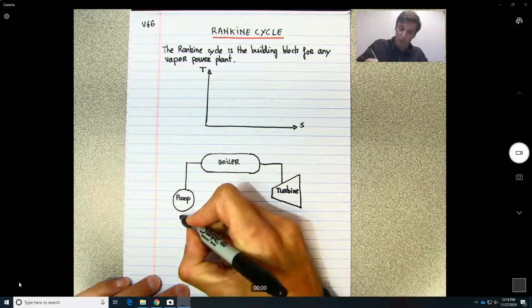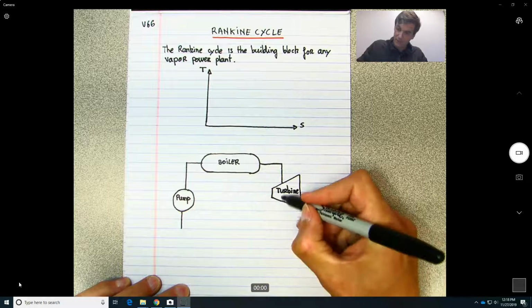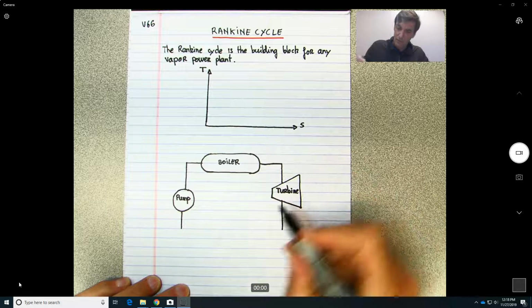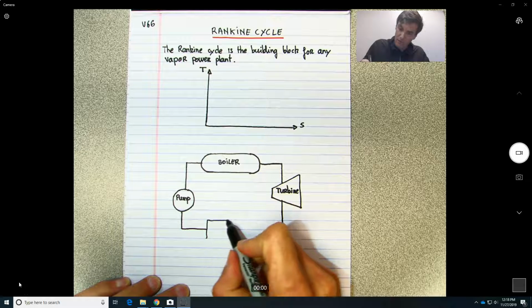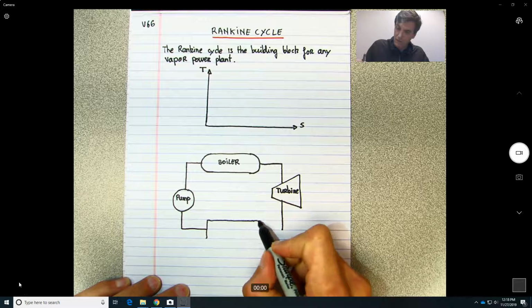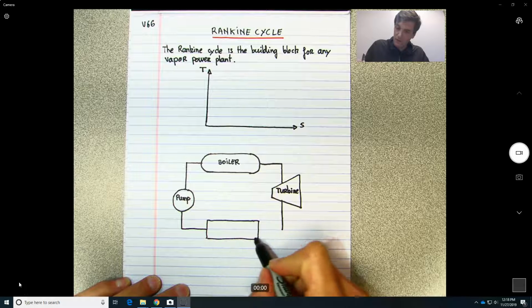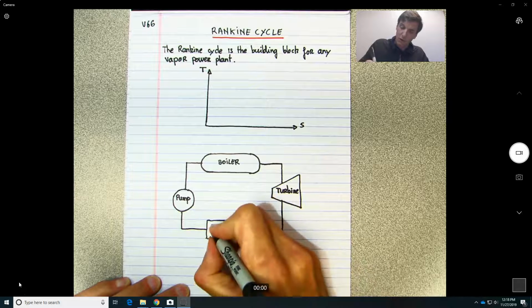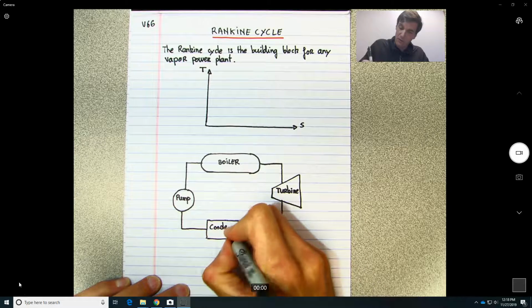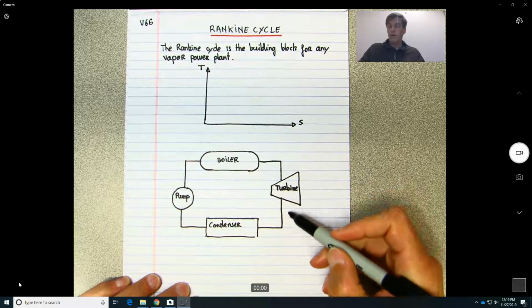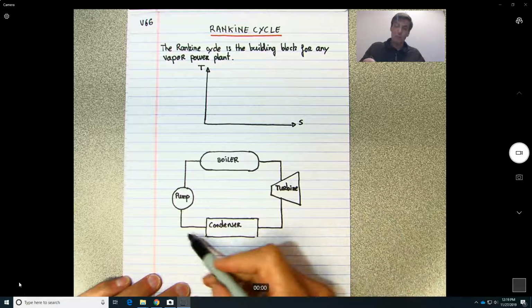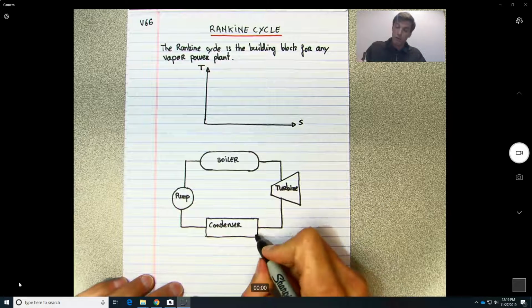Okay, and now we just need to close the system. So we need to put over here a condenser. So basically the water comes very hot over here. You need to cool it, pump it again, and we go over and over.